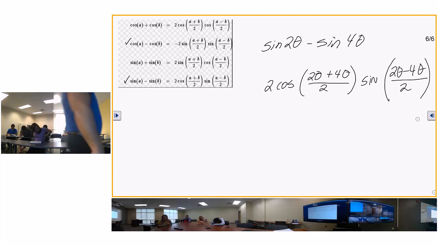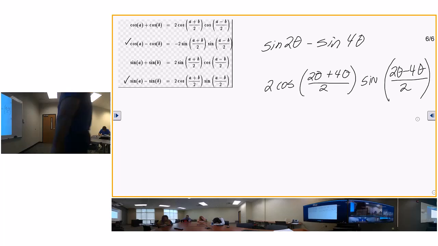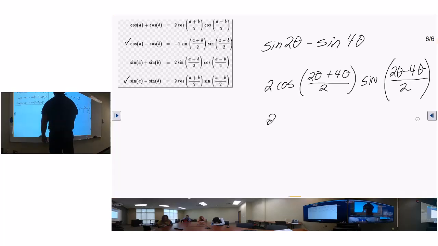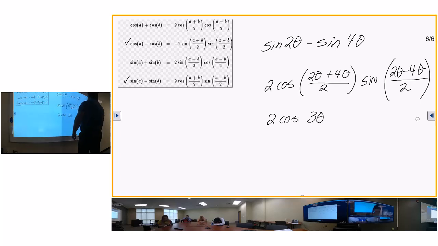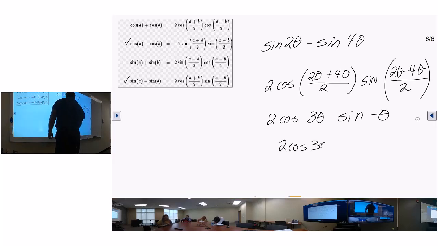That will cause you a big problem. So that's going to be 2 cosine of 3 theta and sine of what? Negative theta? But that's not the final answer. 2 cosine of 3 theta minus sine of theta.